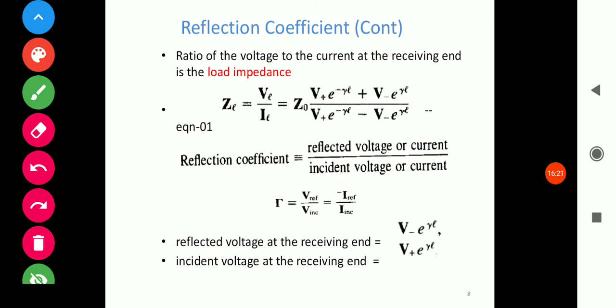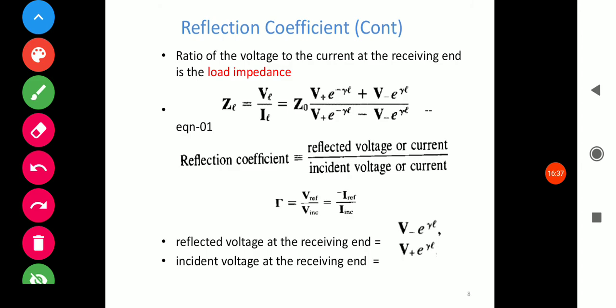What is the reflected voltage at the receiver side? V minus e power gamma L. The incident voltage at the receiving end is V plus e power minus gamma L.